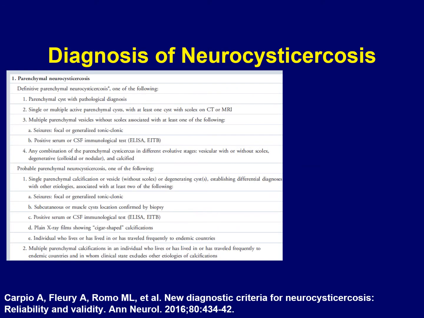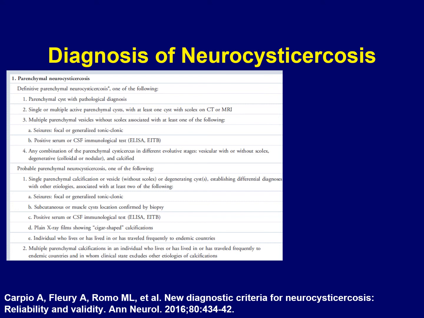The diagnosis of neurocysticercosis is very, very complicated. It requires imaging through CT and/or MRI. It requires some sort of laboratory capacity to look at serum or cerebrospinal fluid for different immunological tests.